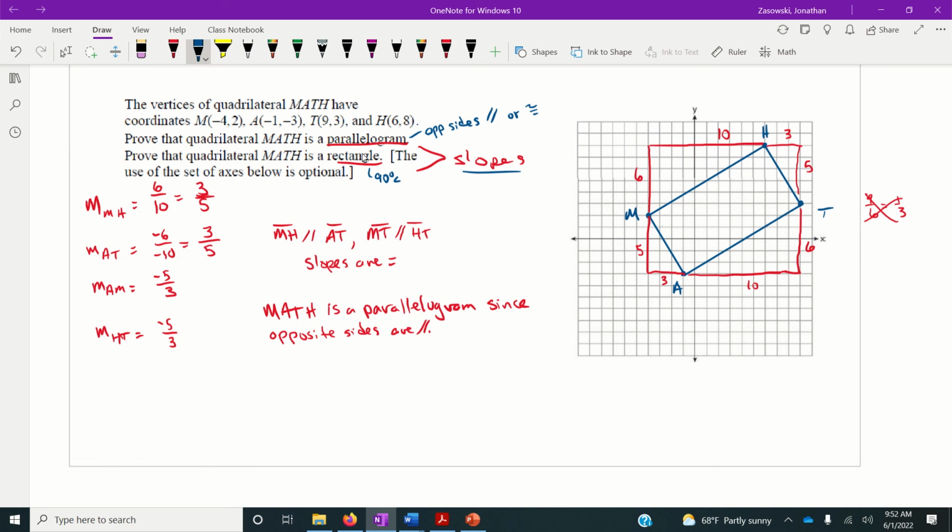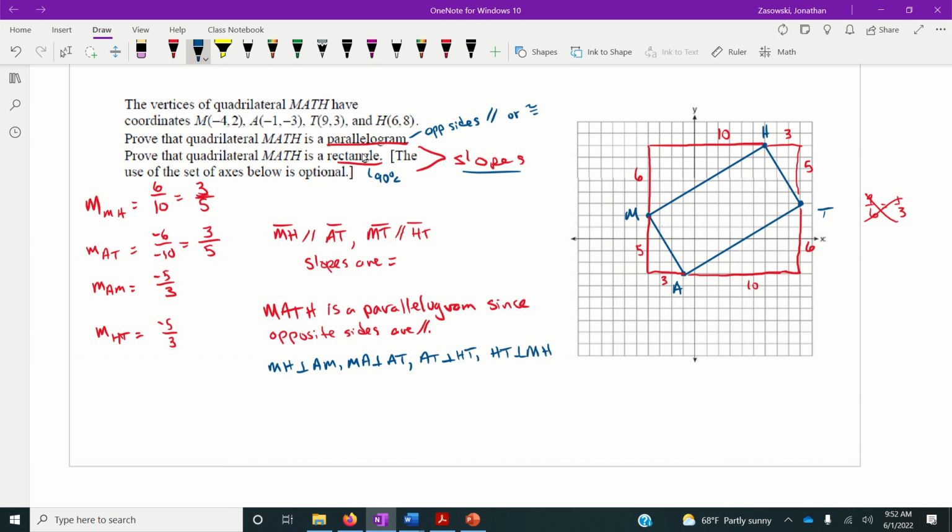So what do we now know? Well, we know that MH and AM are perpendicular because they are opposite reciprocals. Okay, so MH is perpendicular to AM. All right, we also know that MA and AT are perpendicular. Now, we don't need to get all of these. We just need one of them. But you can fill in from here that AT is perpendicular to HT and that HT is perpendicular to MH.